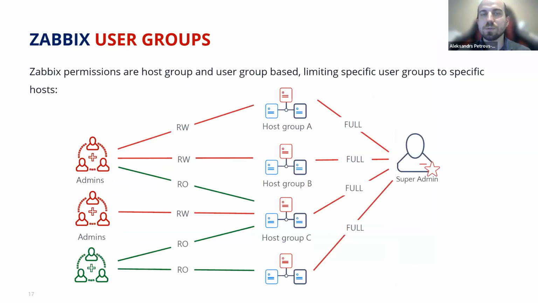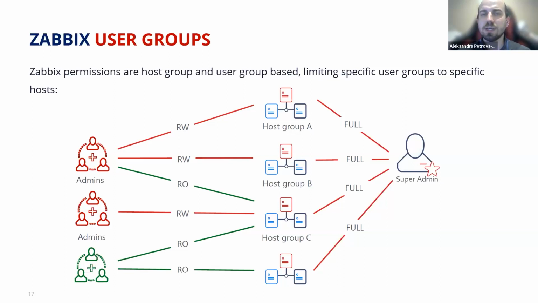And using the user groups, you will be able to define, again, which users will be able to change the configuration of what specific host groups, and which user groups will be able just to see the data collected, the problems detected, and so on. So you can always limit, again, who can change something and who can only view something.